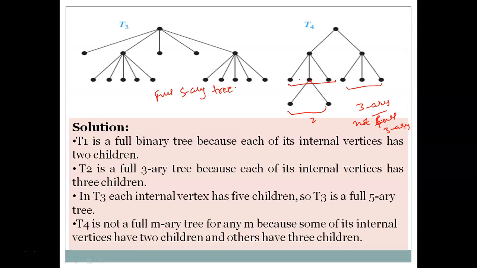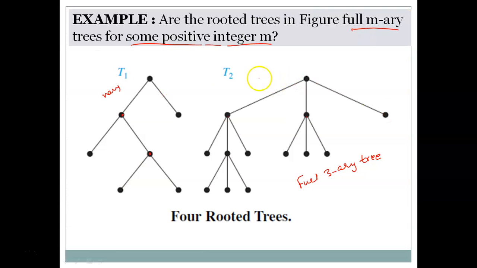For example, look at this simple tree. How many vertices are there? 1, 2, 3, 4, 5, 6, 7. There are 7 vertices. So according to the theorem, there must be 6 edges.